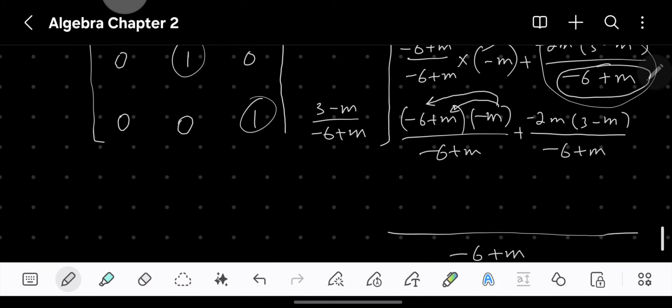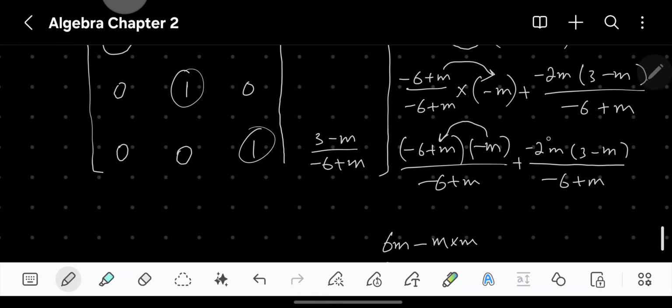Okay, minus m times minus 6 is 6 times m, because minus minus is plus, and minus m times plus m is minus m times plus m. Okay, I can write m square, but I will not. Okay, then I will multiply this thing inside.